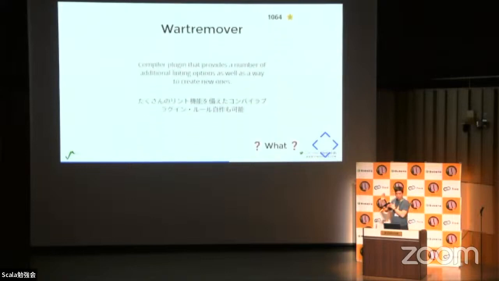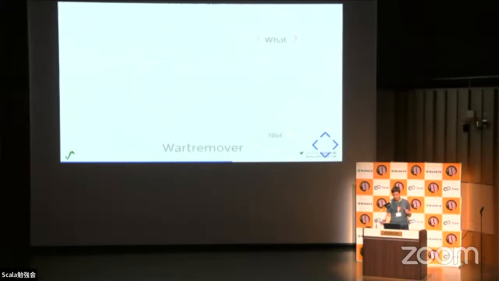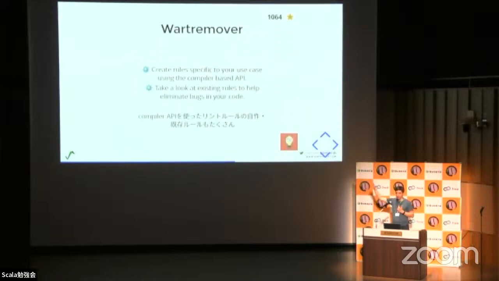For that, you can use WartRemover, which works for both Scala 2 and 3, and it's a compiler plugin that provides a number of additional linting options, and you can also define your own options if there are use cases inside your code base that are not standard. Some nice features, as I said, you can create linting options specific to your use case.